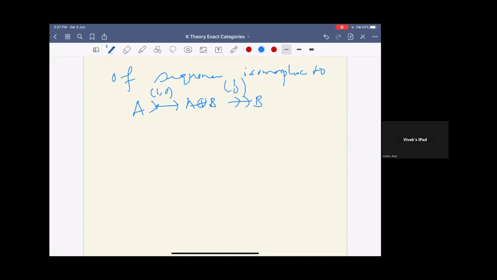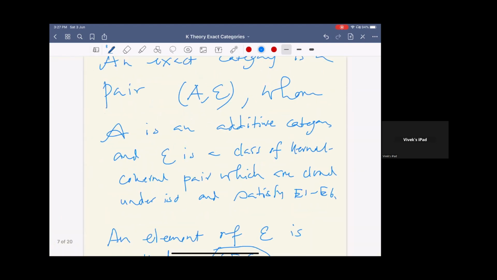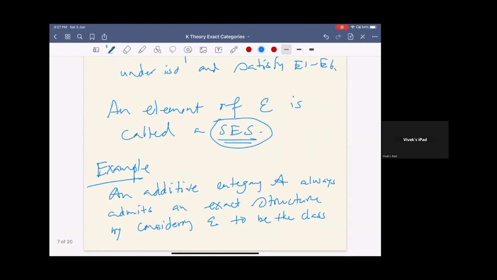If you consider all split exact sequences in the class of kernel-cokernel pairs, one can check this definitely satisfies all these six properties, and that's a trivial exact structure. If your epsilon consists only of split sequences, then this is an exact category. So this is the trivial exact structure.